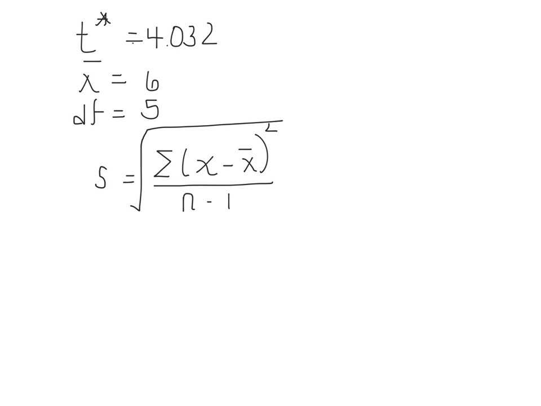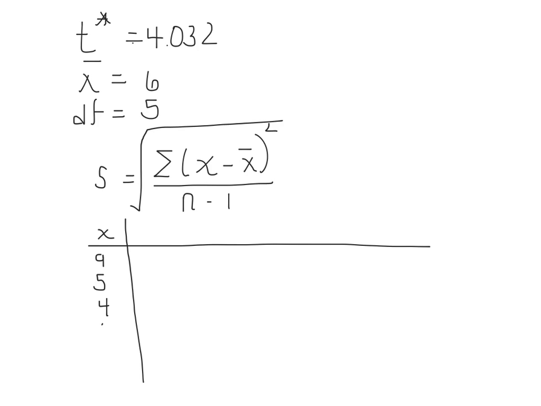So standard deviation measures average spread away from the mean. So the first thing we have to do is determine how far away from the mean each of the values of our random sample is. So our random sample has the values 9, 5, 4, 6, 8, and 4.